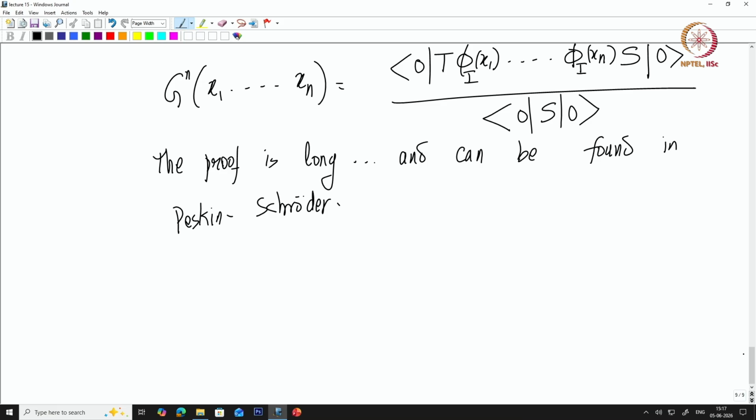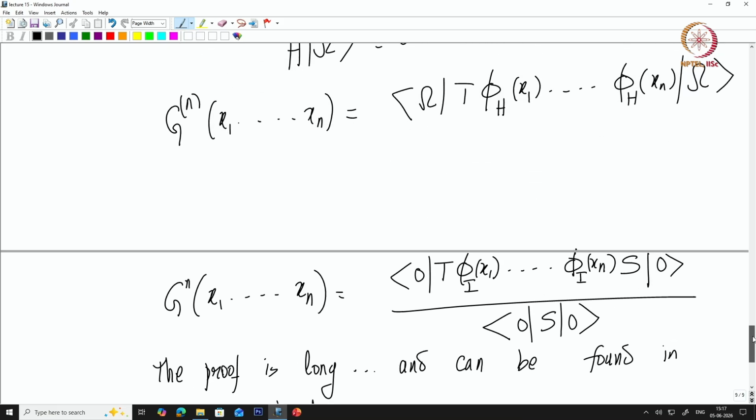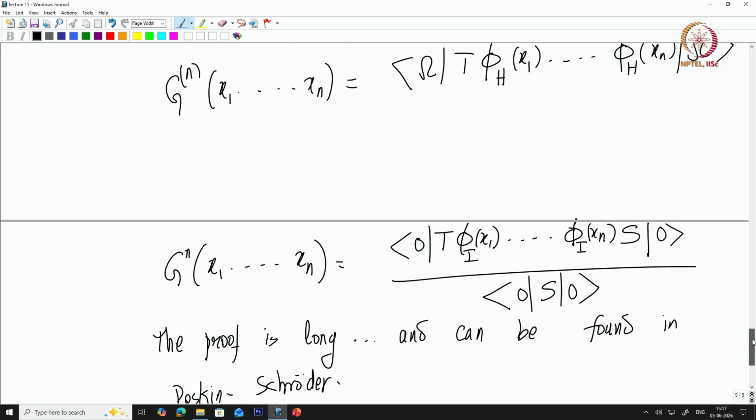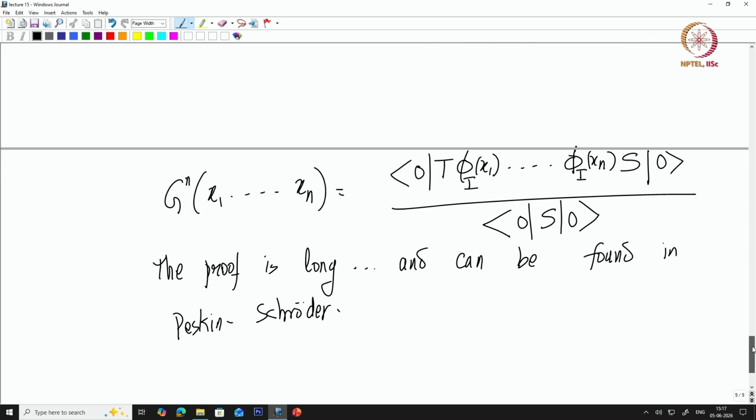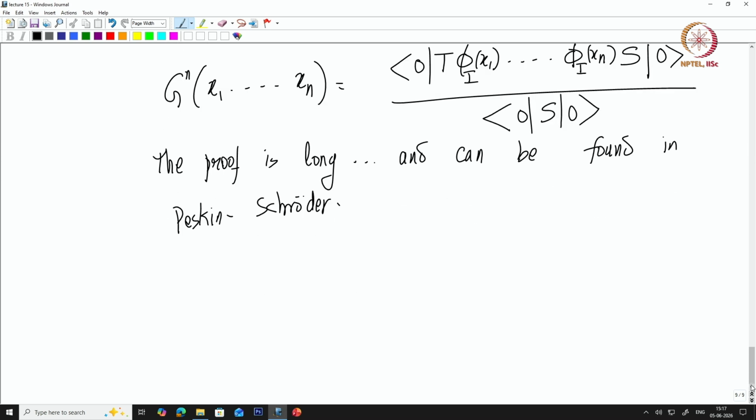Now the important point is that when you are calculating any Green's functions or S matrix elements, it is equivalent to calculating over the free vacuum the time ordered products of these fields, divided by the S matrix acting only on the vacuum. Now, what does the S matrix acting on the vacuum mean?